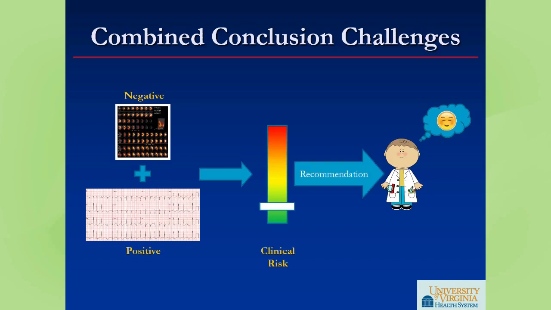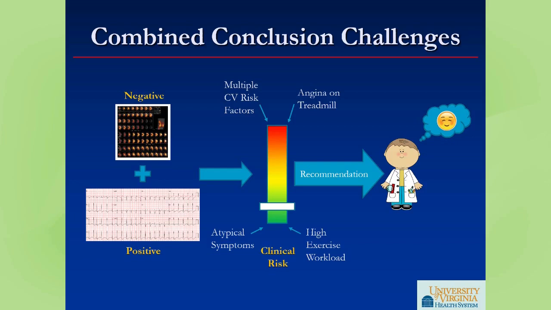And so we want to come up with a clinical risk and provide a recommendation. What we ended up doing is saying, okay, there are some things that we observe during our stress test, or that we know readily from the information collected when they come to the lab. So we certainly know their age and demographics. We know their basic cardiac risk factors.